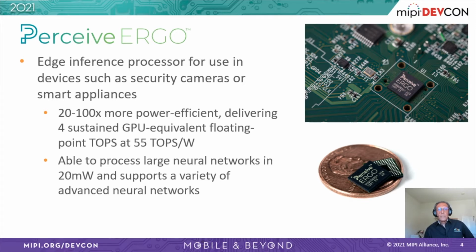It has 20 to 100 times the power efficiency of similar devices in the market and can deliver 4 sustained GPU equivalent tera floating point operations per second at 55 TOPS per watt. This horsepower can process large neural networks using 20 milliwatts and support a variety of advanced neural networks, all at the edge.